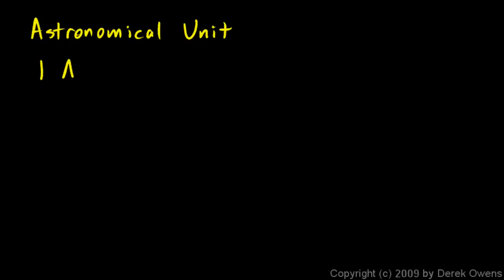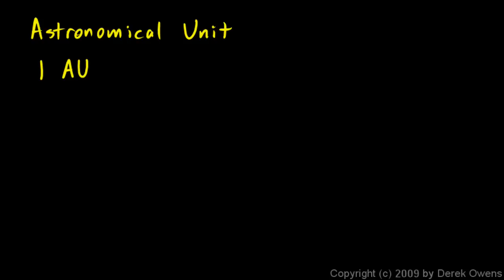Now the distance from the Sun to Mercury is measured in terms of what we call an astronomical unit. An astronomical unit is sometimes referred to as 1 AU, and that's a measure of distance. 1 AU is the distance from the Sun to the Earth.